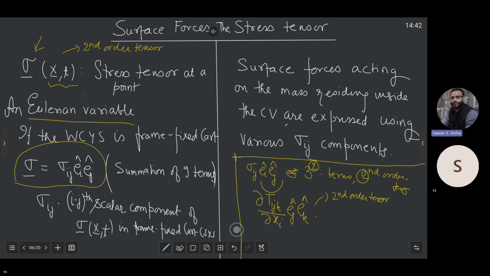Why 27? Because the number of terms in the summation is controlled not by this number, but by 3 raised to the power hash, where hash is the number of repeated indices, which in this case is 3: i, j and k. So there are 27 terms in this.